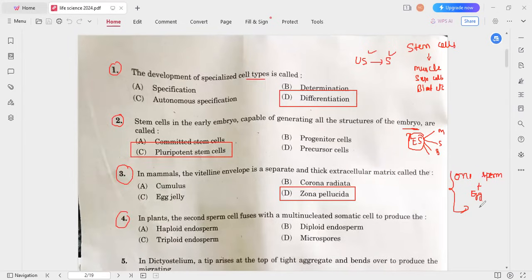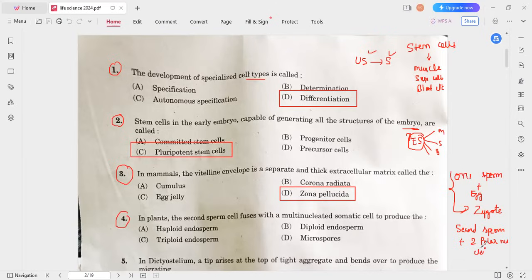The second sperm cell fuses with the two polar nuclei.